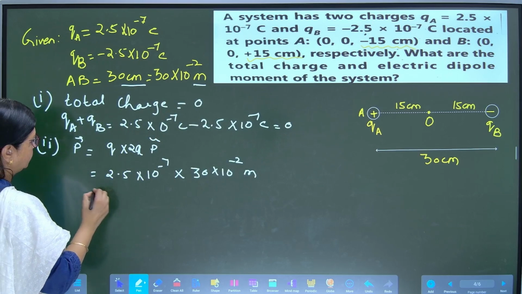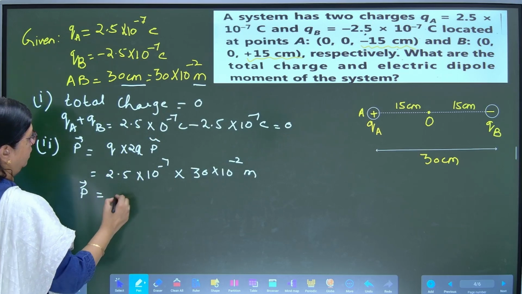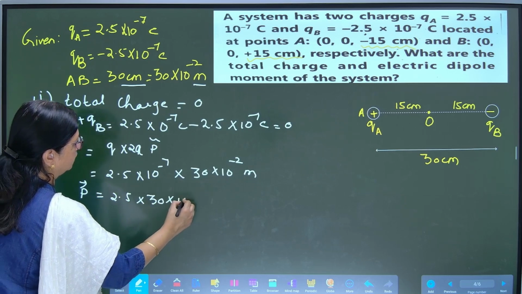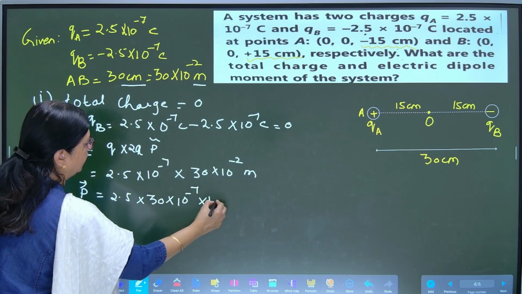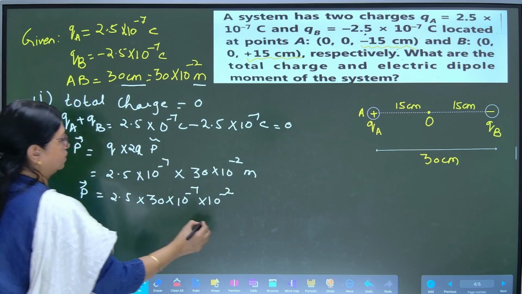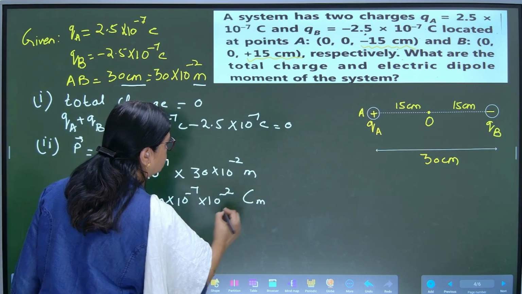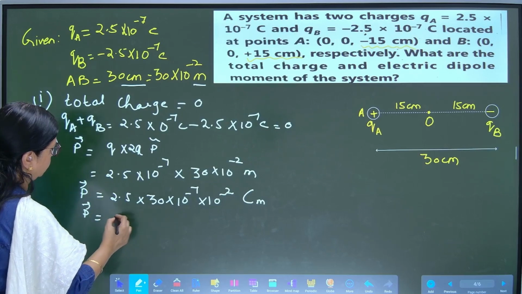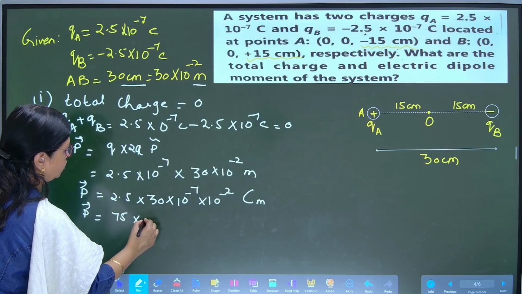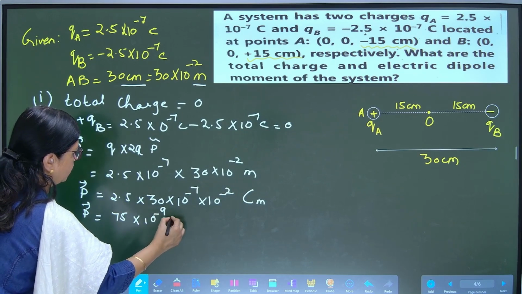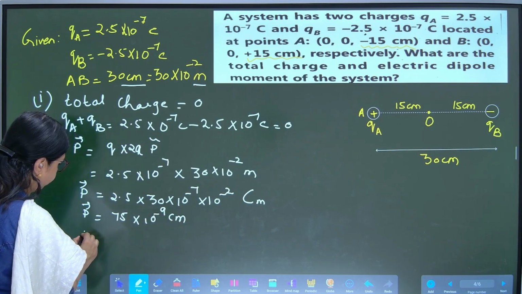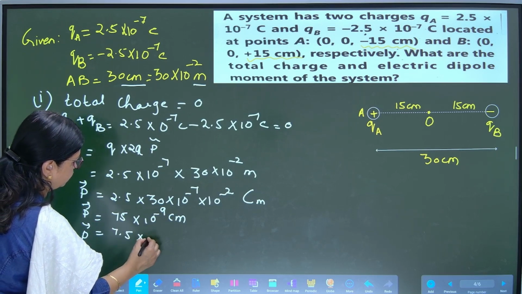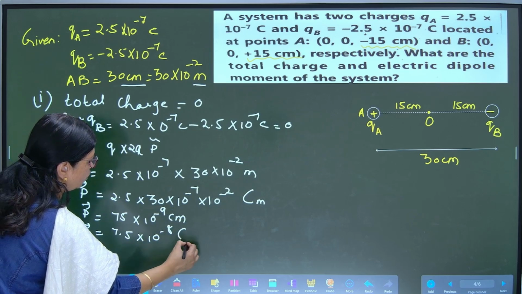Fine. So as usual, just separate the numbers and the powers, and the answer we get is coulomb meter. So we calculate it as, from here we get 75 into 10 raised to minus 9 coulomb meter, or 7.5 into 10 raised to minus 8 coulomb meter.